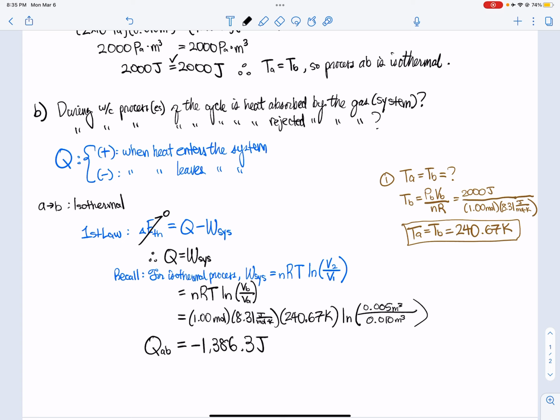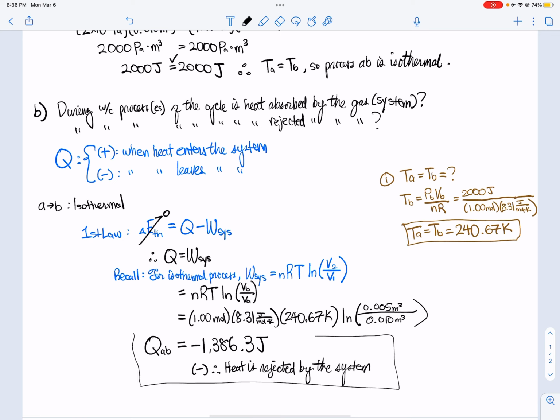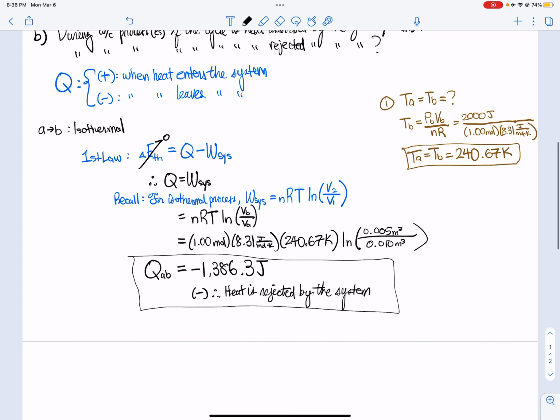And so since we have a negative value, therefore heat is rejected by the system, okay? So for process AB, heat is rejected by the gas, okay?